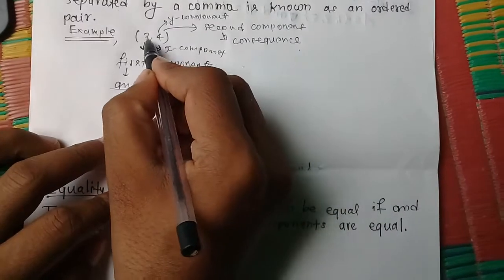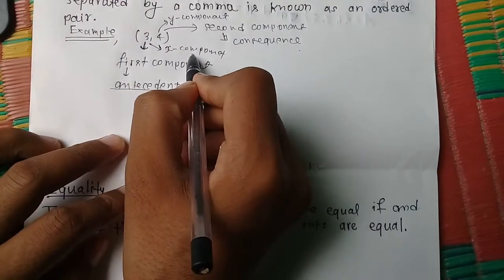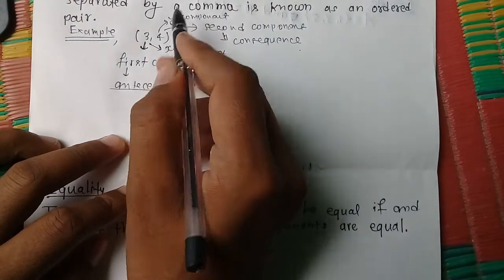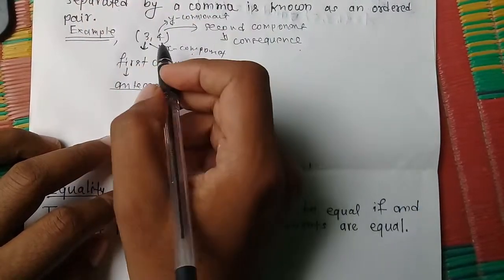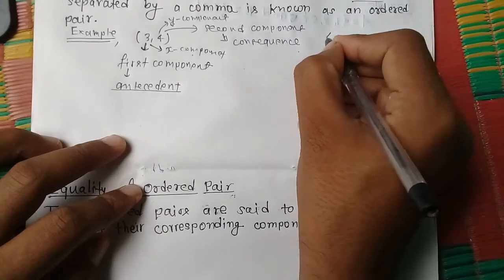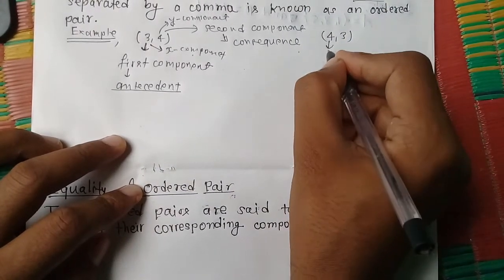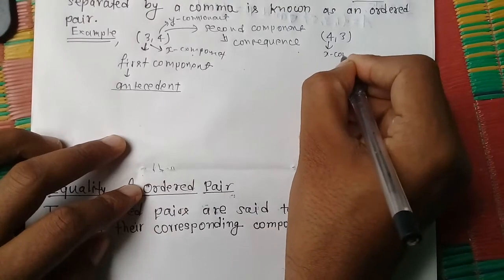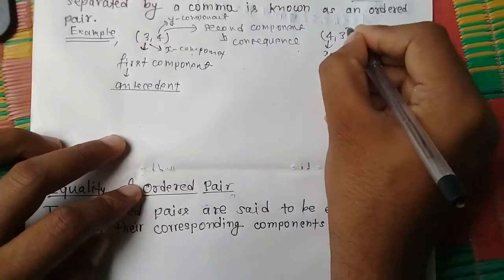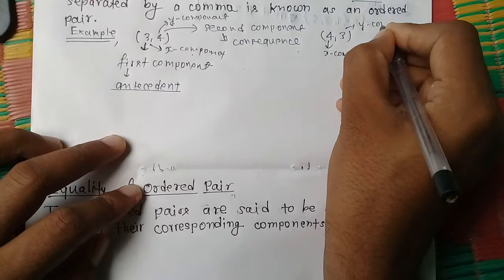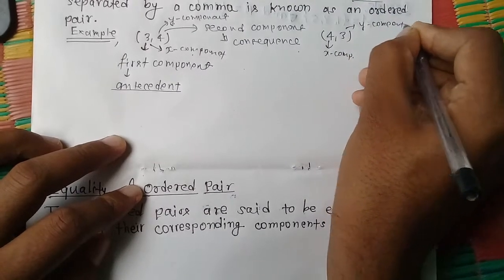Here 3 is the x component and 4 is the y component. If we reverse their order, then 4 and 3: now 4 is the x component and 3 is the y component.